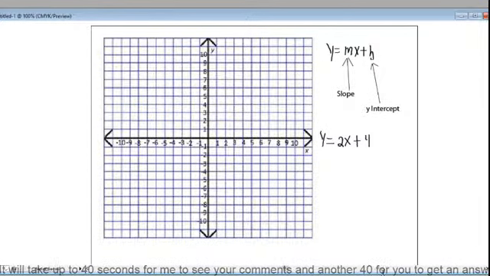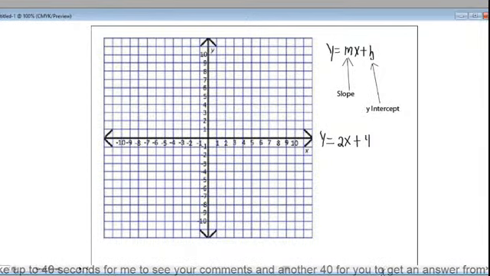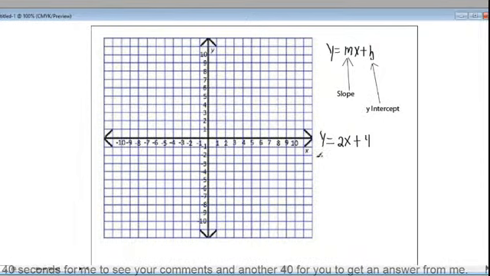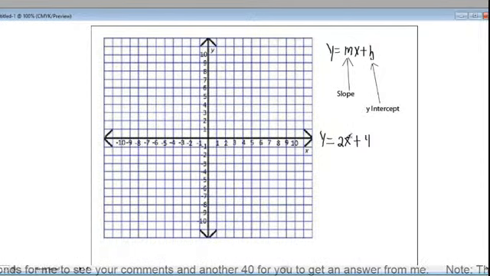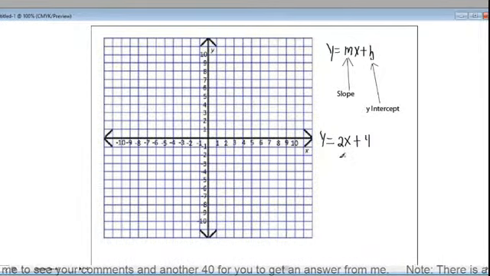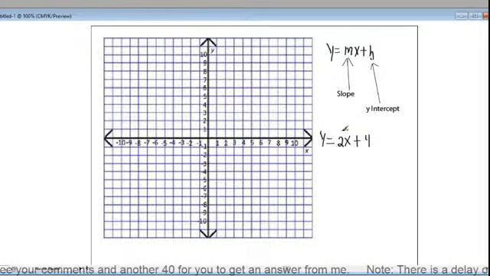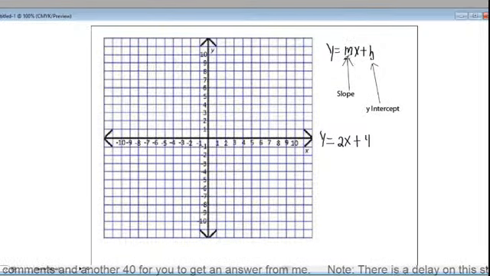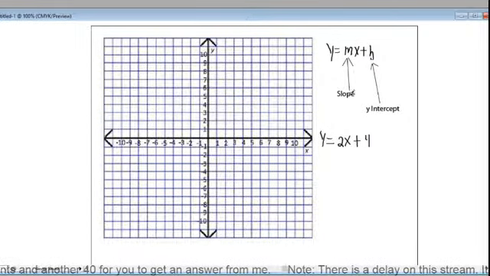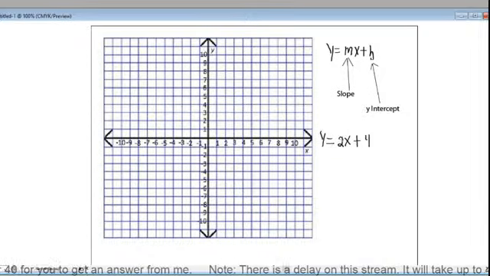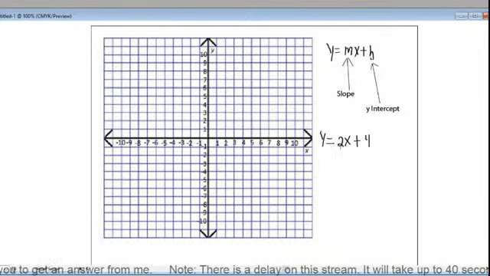Okay. So, again, if we look at this, we have two things that will tell us a lot about our graph, and that is the slope and the y-intercept. The number that is in front of x is, if we look back at our form here, m, and m is the slope. So here we have a slope of 2.